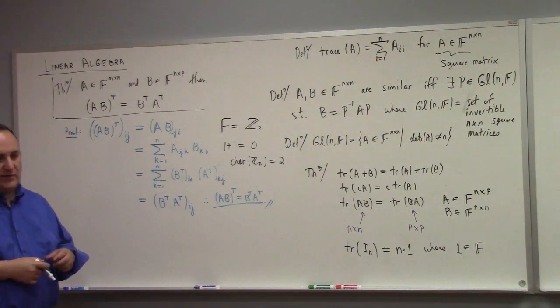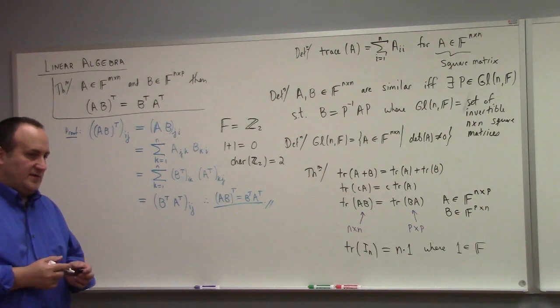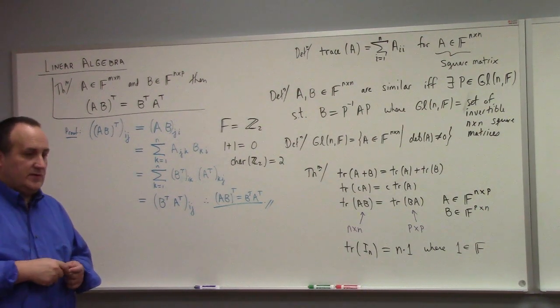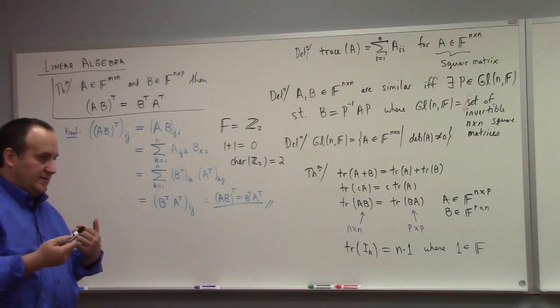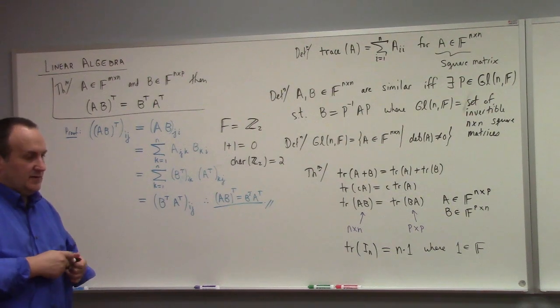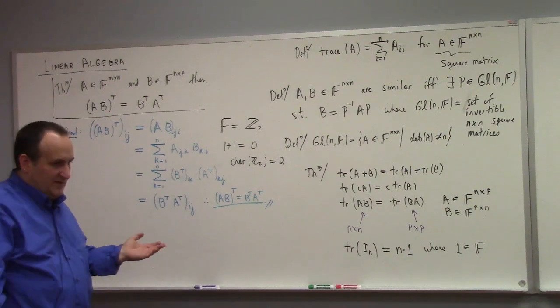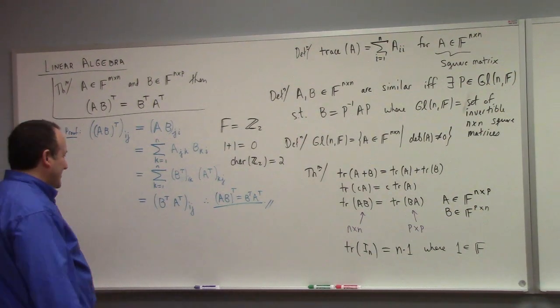Z mod any prime is a field of characteristic p, and those are finite fields. However, you can look at the rational functions over the field of characteristic p, and that will be an infinite field of characteristic p. So just because you have a finite characteristic doesn't mean it's a finite field. There are infinite fields with finite characteristic. There's a whole wild world of field theory out there to learn.